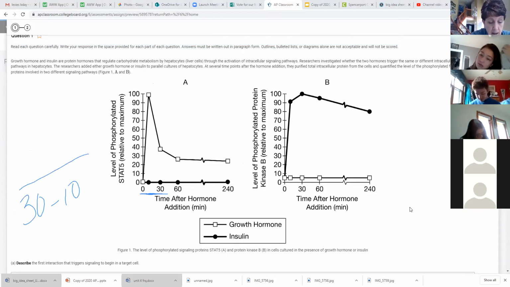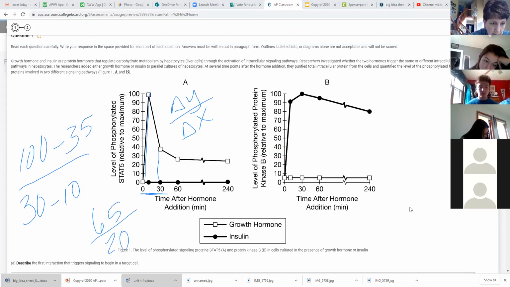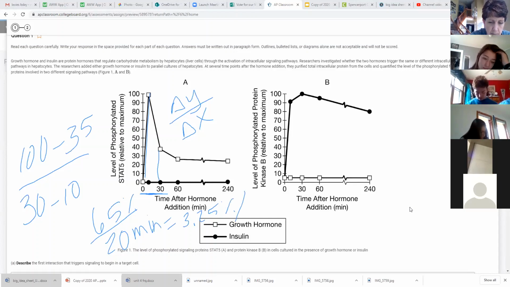Anytime they ask me for a rate, I want change in Y over change in X. So 100 minus 35 is 65, divided by 20, 65% over 20 minutes. So that's equal to 3.25% per minute. That's the rate.